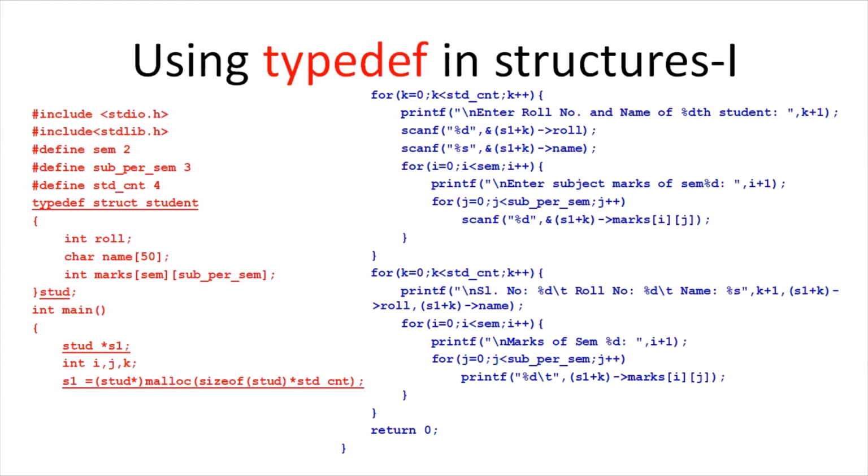This means from this point onwards, wherever we write stud, we actually mean struct student. So stud becomes an abbreviation of struct student and can hence be used throughout the program when and where required.